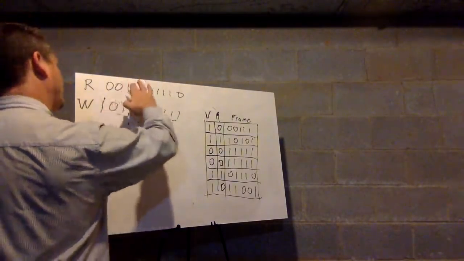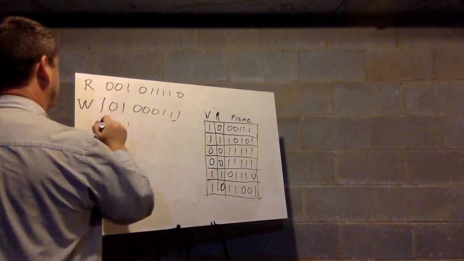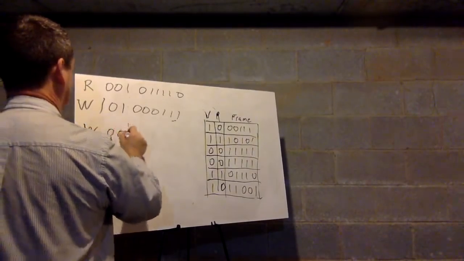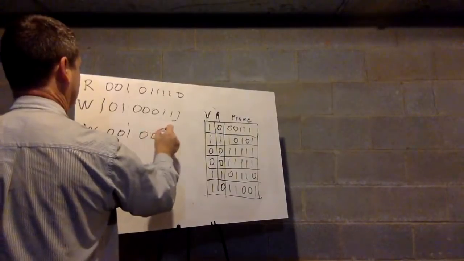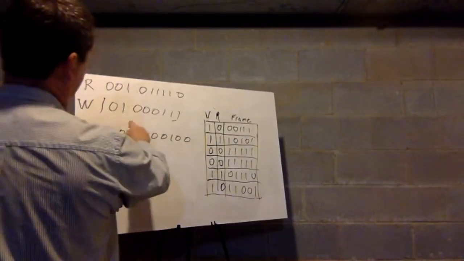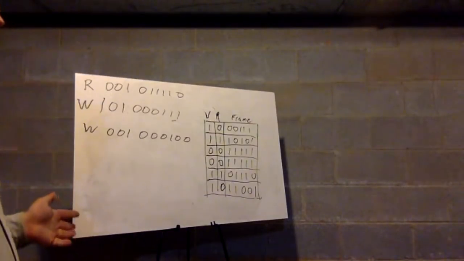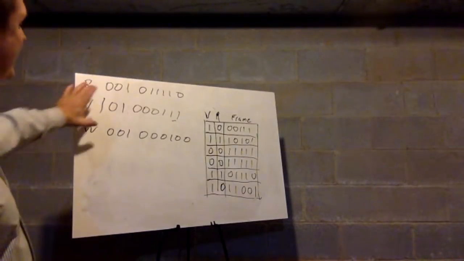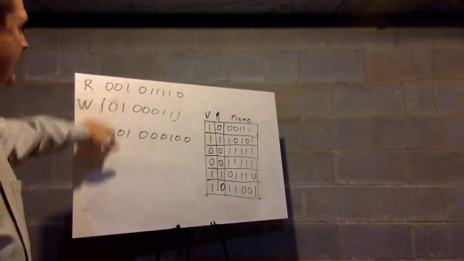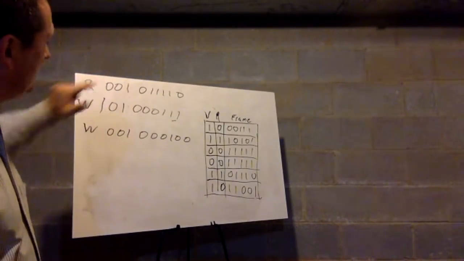Let's do, so pretend these are happening in order. We're going to read, we're going to write. Let's put in another write. And just thinking about what I'm trying to do for the TLB to see it doing anything interesting, we've got to have at least more than one reference to the same page. So that's why I snuck in, and you can see I made this one access the same page as this.